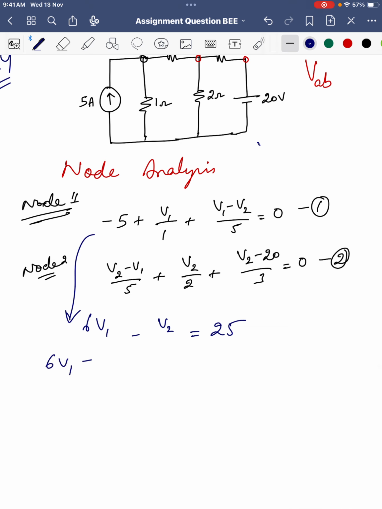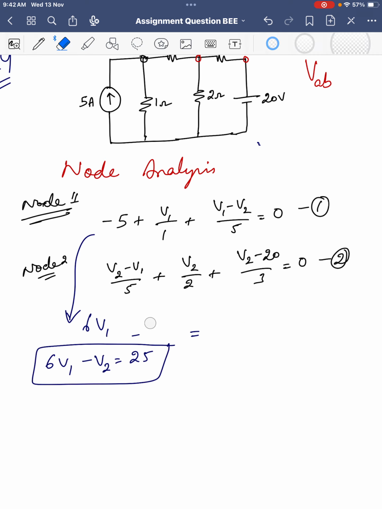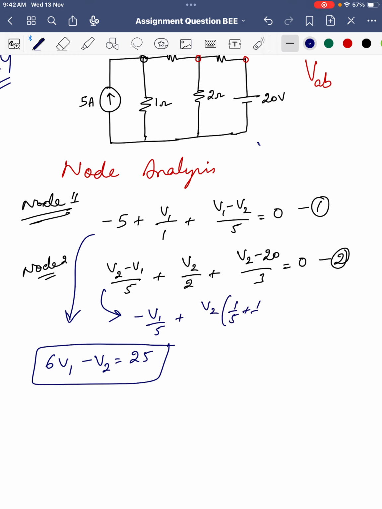So we can write here 6V1 minus V2 is equal to 25. This is the first equation, correct?